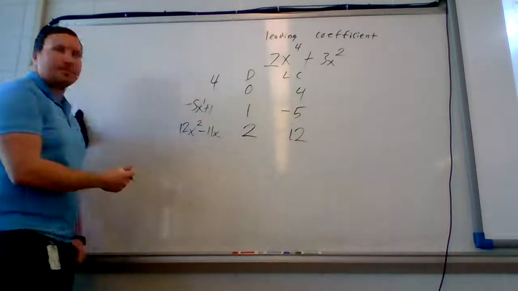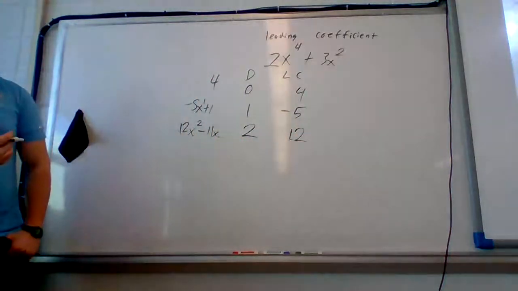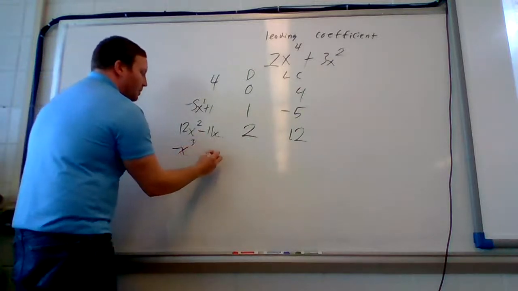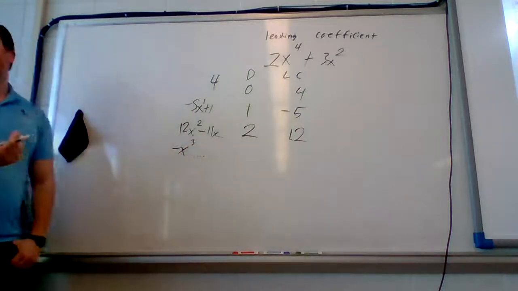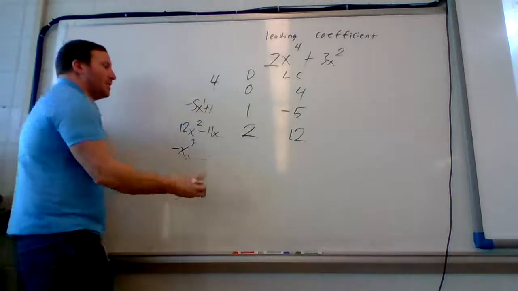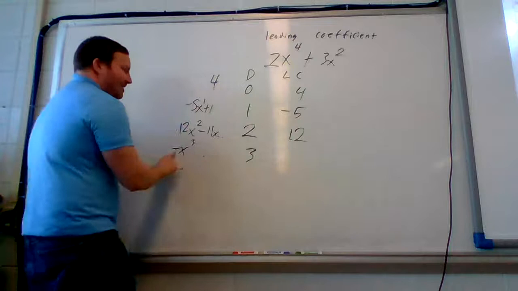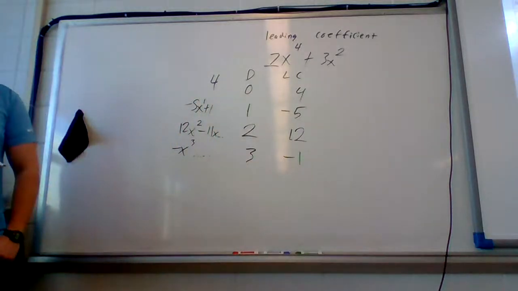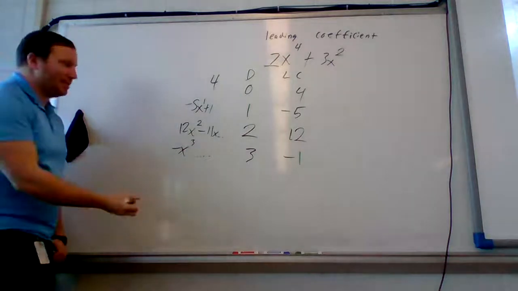Okay. Our third one, we have negative x cubed and some more stuff. What is our degree? 3. The next one is negative 1. Correct. Thank you. Okay. And then we have negative 3x to the 4th.